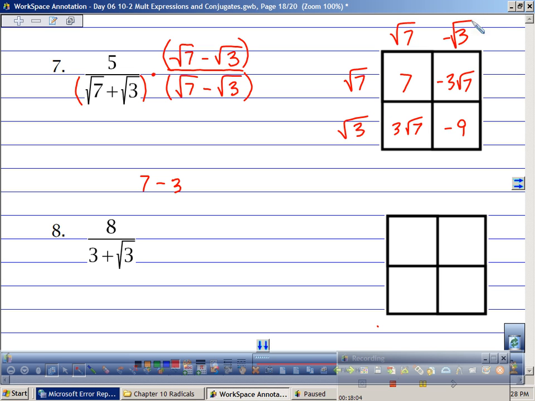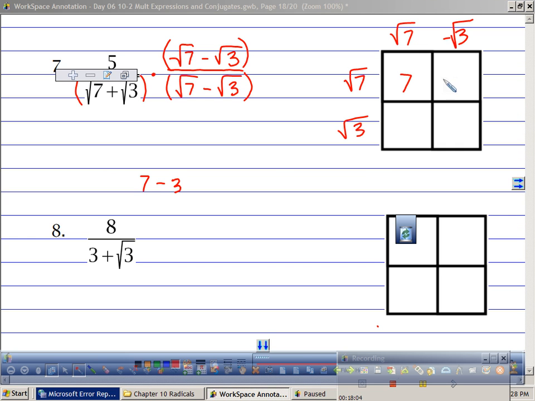You guys are letting me make mistakes here. So this is going to be, whoops, negative root 21 and positive root 21. Sorry about that. And root 3 times root 3 is negative 3.